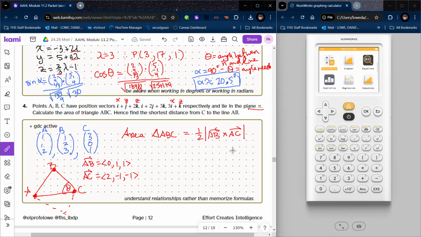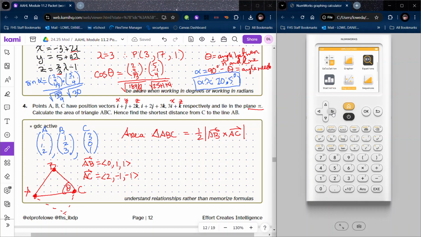So I need the cross product. I'll go ahead and use my calculator since it's calculator active. I'll come to my toolbox, come to my matrices and vectors, vectors, I want the cross product. And if I go Shift E, that'll give me a row vector or a matrix approach.